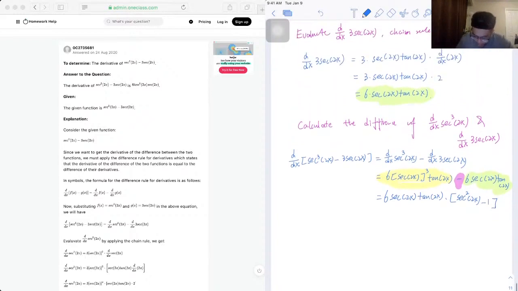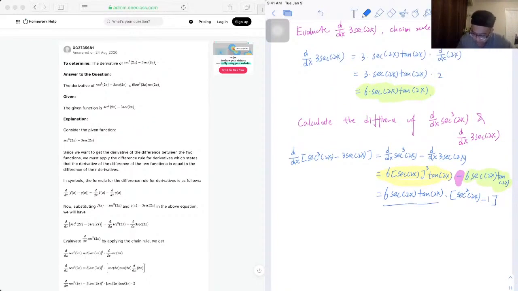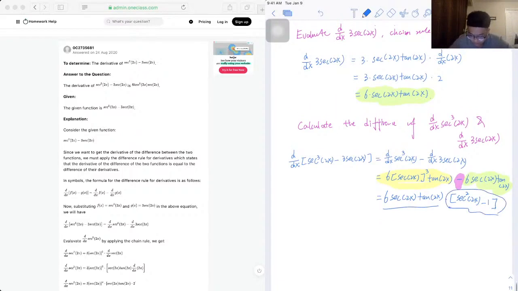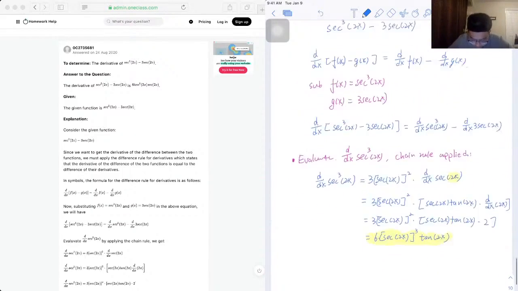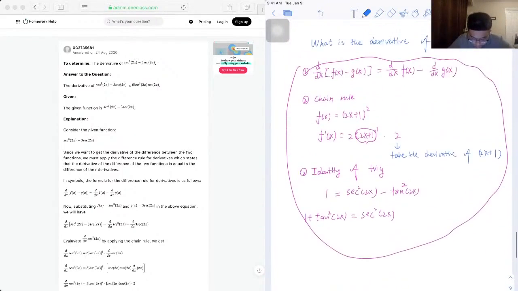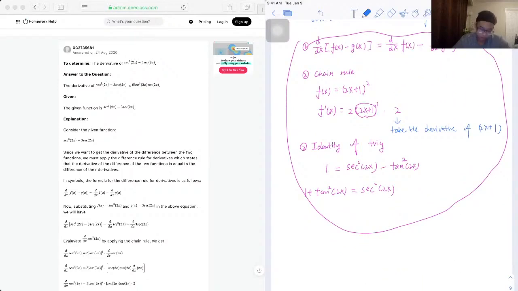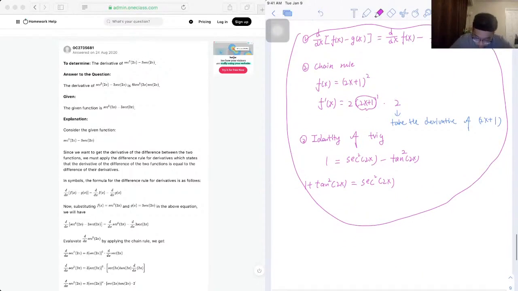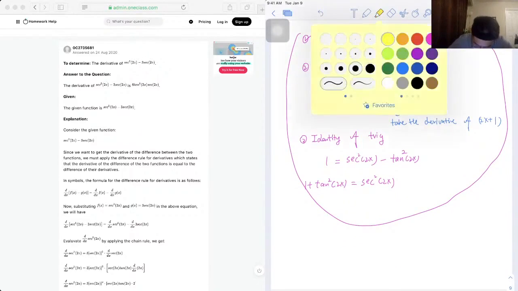So this part looks fine, but this part we can actually convert to something else. And recall, at the beginning of this question, I mentioned the identity of trigonometry, which is right here.